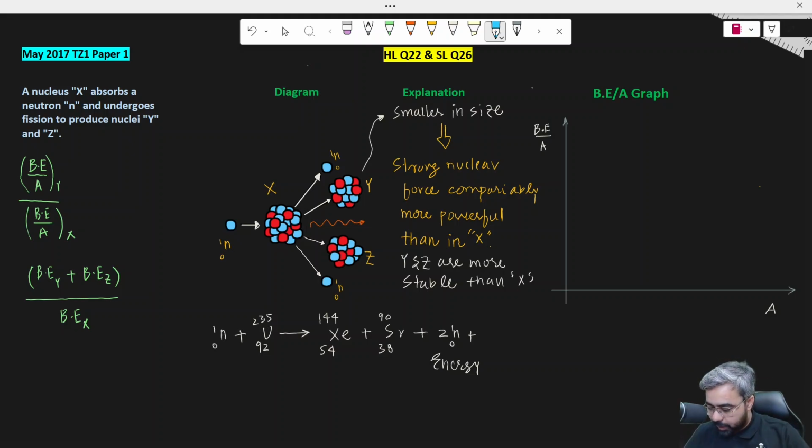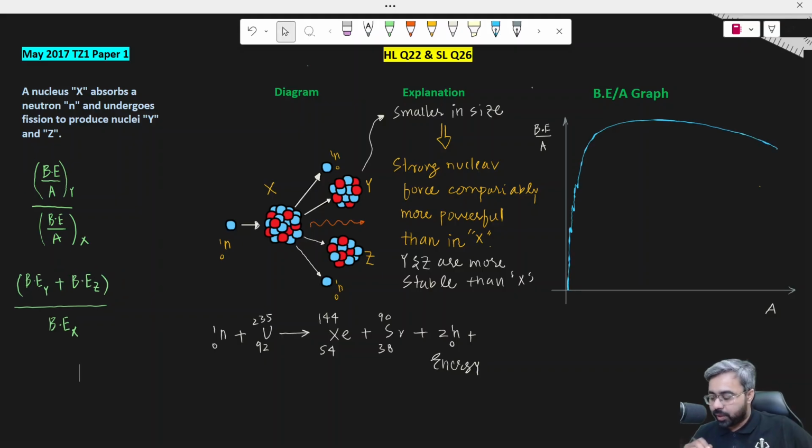So I'm going to draw this graph roughly, something like this. In this binding energy per nucleon graph, the top element, the most stable, is always iron, but we are right now talking in general.